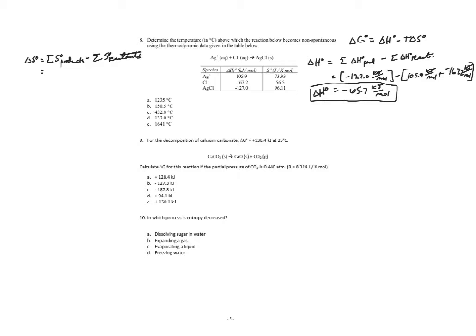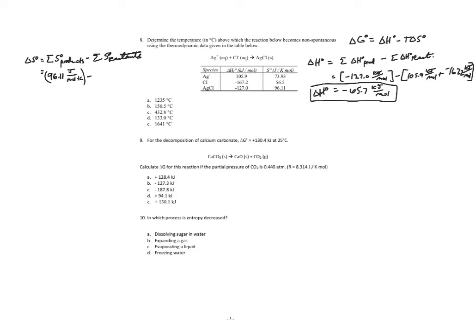Okay, so we're just going to look in this chart. Our product again is 96.11. Now this is joules. Okay, so this is going to be important. This energy unit's a little bit different. This is joules per mole Kelvin. And this is really multiplied by 1 mole.